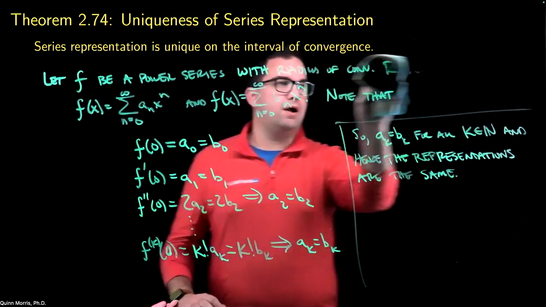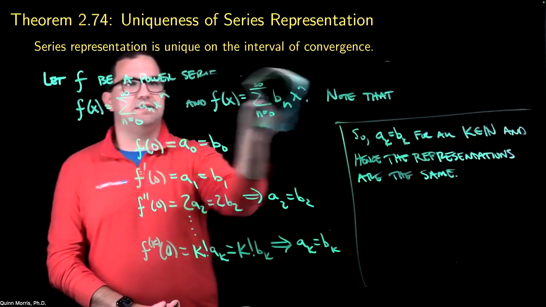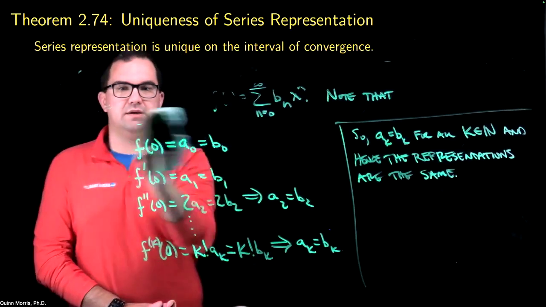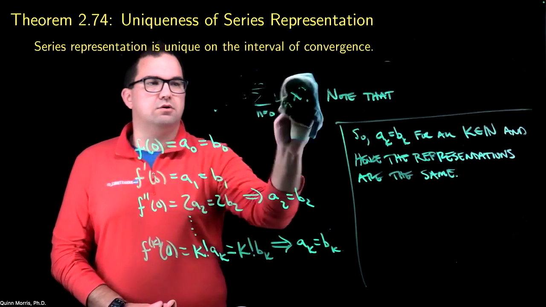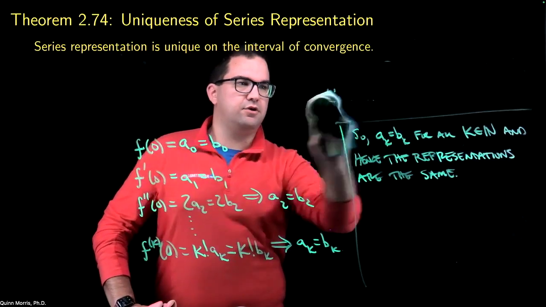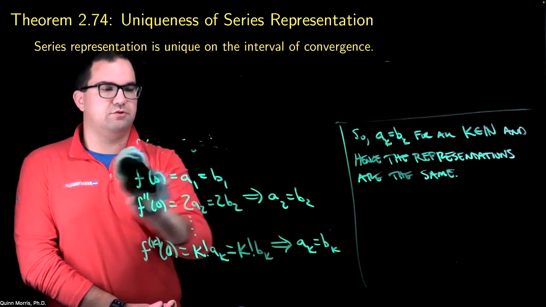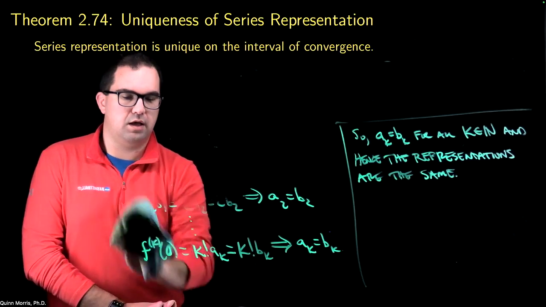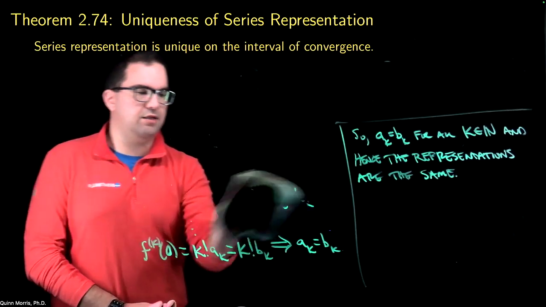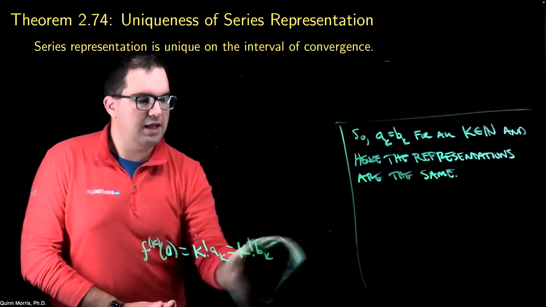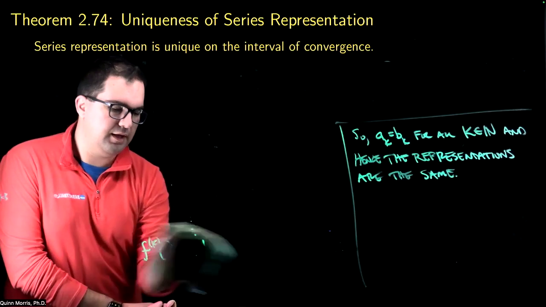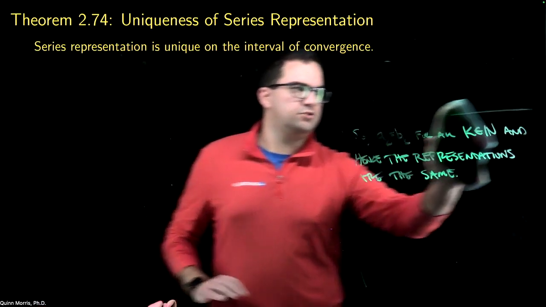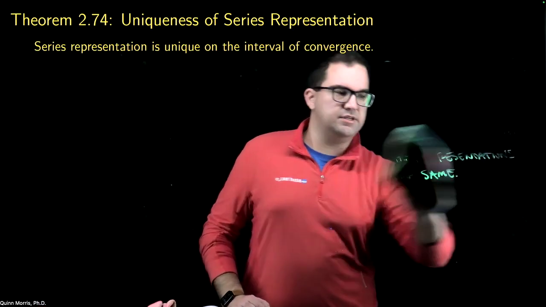Now, if you think back to our earlier brief discussion of Taylor series and maybe your discussions of Taylor series in a Calculus 2 course, generally speaking, in Calculus 2, our notion of Taylor series is, we want to write down a Taylor series that approximates some function. So maybe I want a Taylor series for e to the x, or a Taylor series for sine of 2x, or something like that.